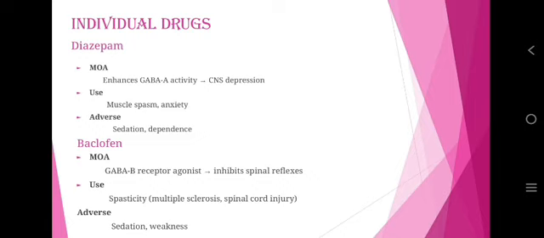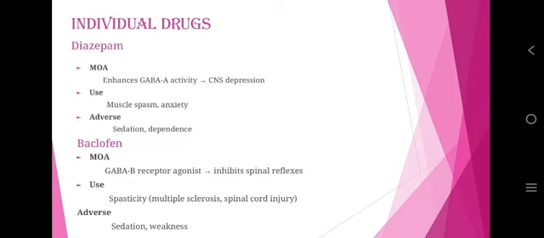Adverse effects of diazepam: it will cause dependence, and it will also cause sedation, because diazepam is most commonly used as a sedative drug. Then we see baclofen. The mechanism of action of baclofen is that it acts on the GABA B receptor.